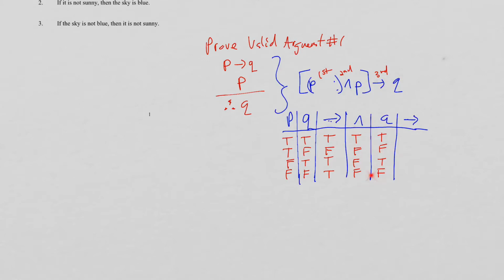So we're just going to look just like this. Remember, with if-then, you're looking for any scenarios where you get true, false, and we don't have that. That means that these are all going to be true, and they're all true. There's our tautology, okay? So that means the argument is valid.